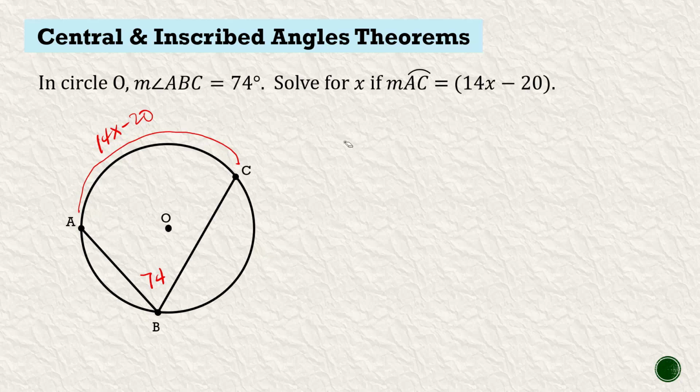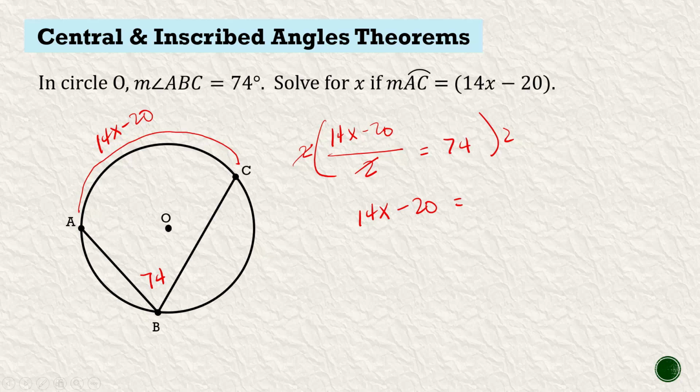So that's our equation: 14x minus 20 divided by 2, half of that, equals 74. First step, multiply 2 on both sides. So that's 14x minus 20 equals 74 times 2, that's 148.